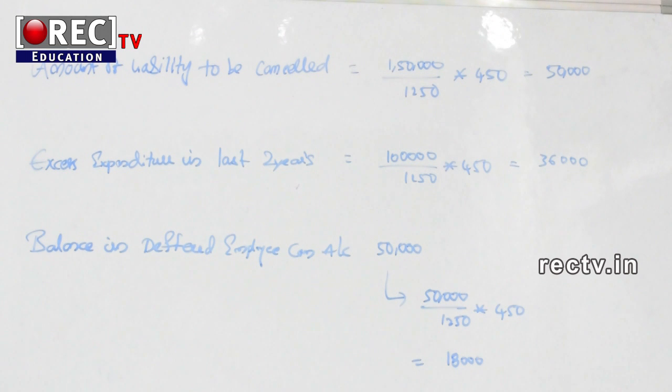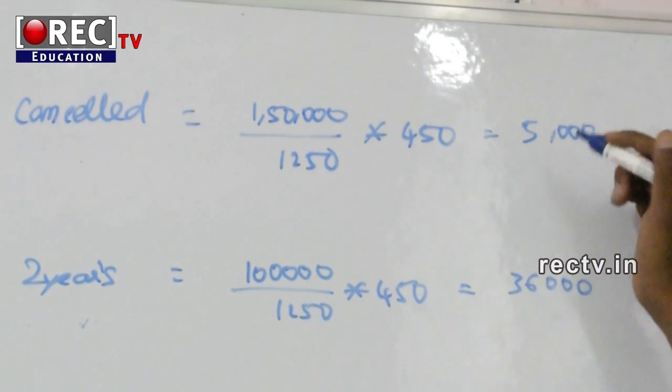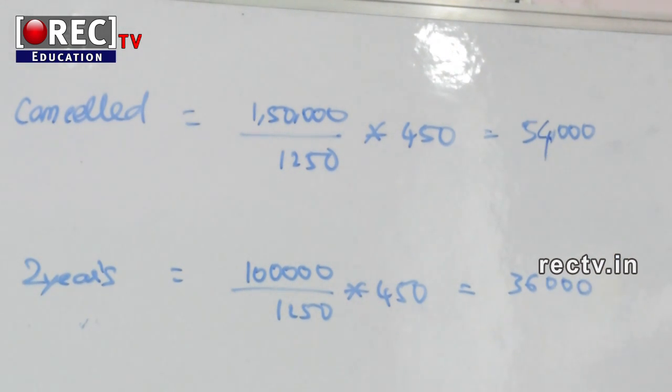Then for 450 options, it is 1,50,000 divided by 1250 into 450. So the amount of liability to be cancelled is 54,000.